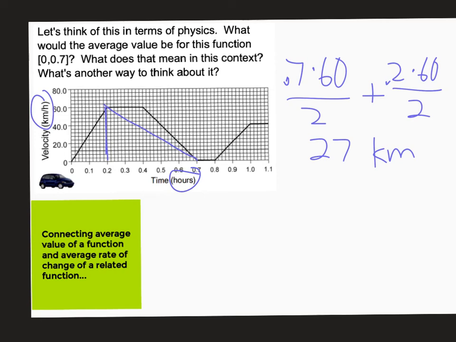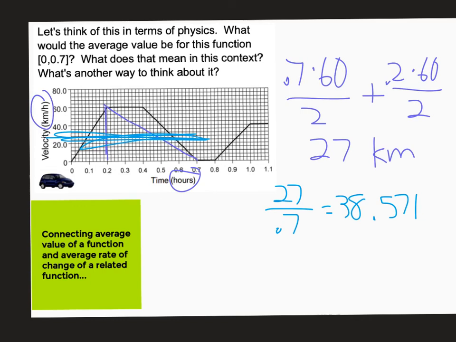But the average value, from our discussion we've had, would be kind of a height in here. That would then be, take that 27 kilometers and divide by 0.7. So I have 27 divided by 0.7. That's 38 and a bit. 38.571-ish.